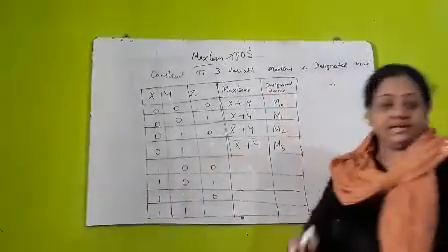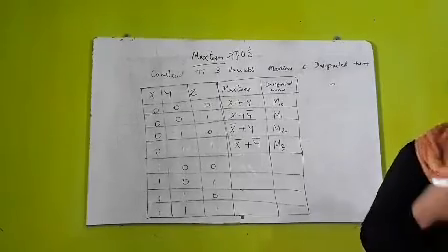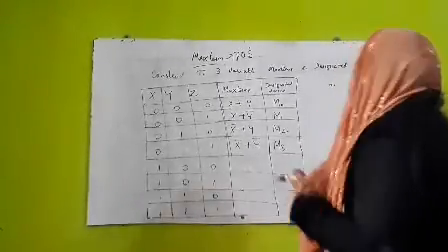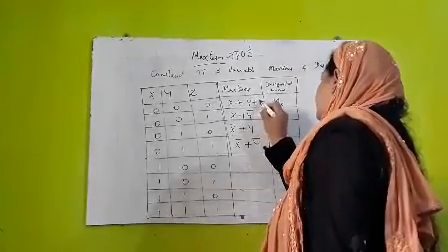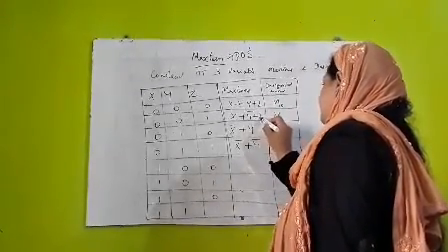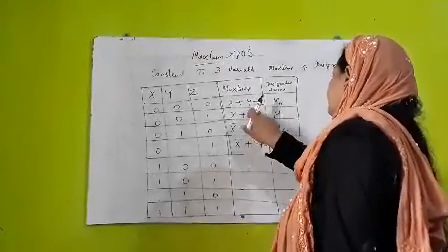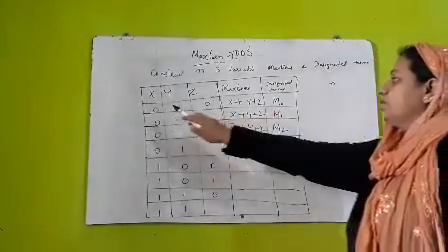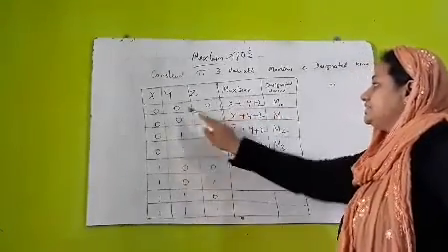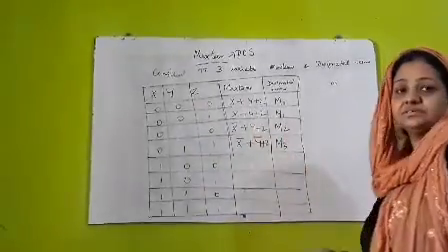Now let us write the max term expression. So it will be x plus y plus z. So all are 0, x is 0, y is 0, z is 0, it is x plus y plus z.